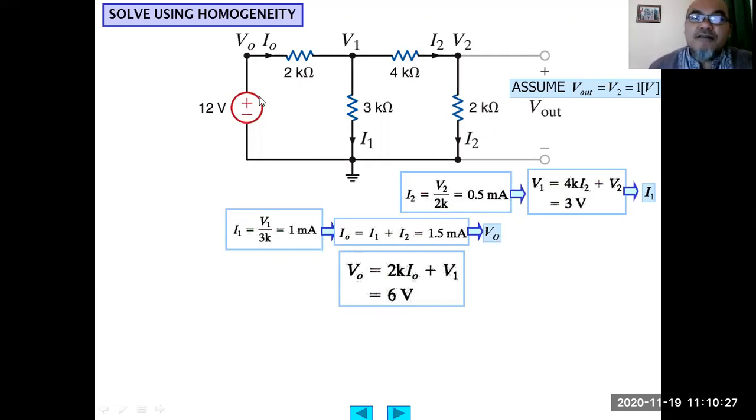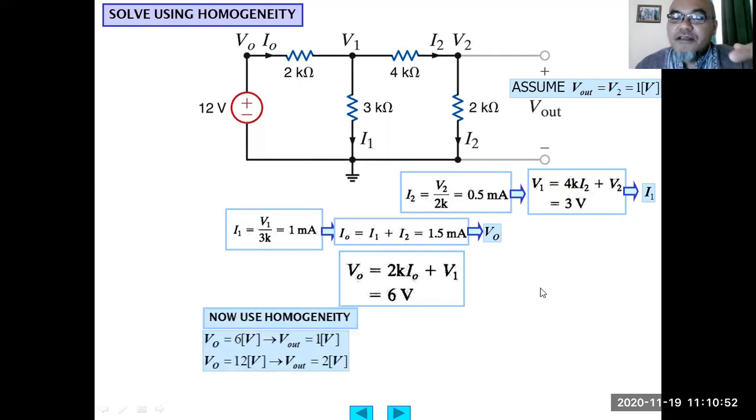However, the original value of V0 according to the problem is actually 12 volt. So 12 volt is a 2 times multiplication factor compared to the assumed V0 of 6 volt. So we know the correct V output should also be 2 times the assumed V output, which is 2 times 1, 2-fold.